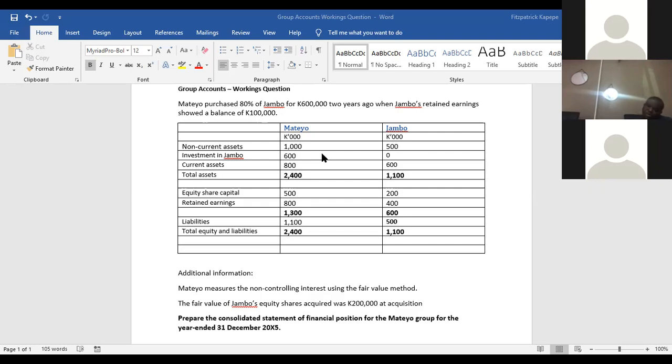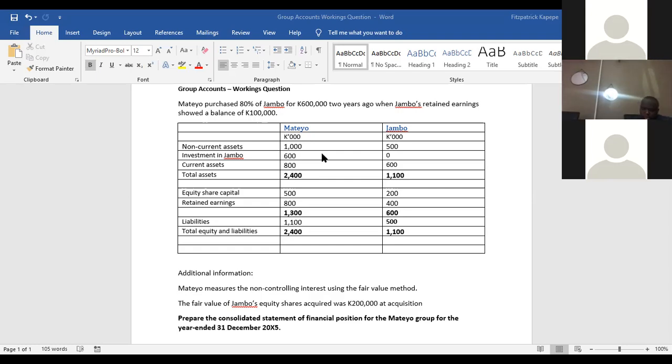Okay. So we go to working 3, goodwill. But before we go there, at report date retained earnings was 400,000. Then at acquisition, it was 100,000.